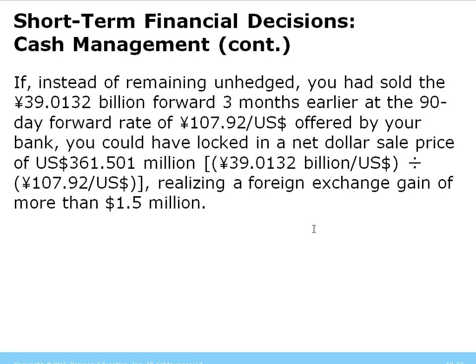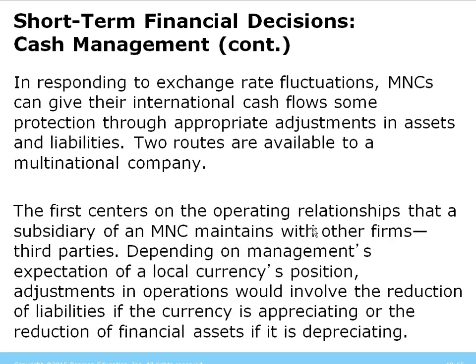You can guarantee the actual money you're going to collect because it'll offset any changes when you actually collect the money with the profits from the foreign exchange contract. So if the actual cash position was to lose 6 million, the profits in the forward market would make up for that.